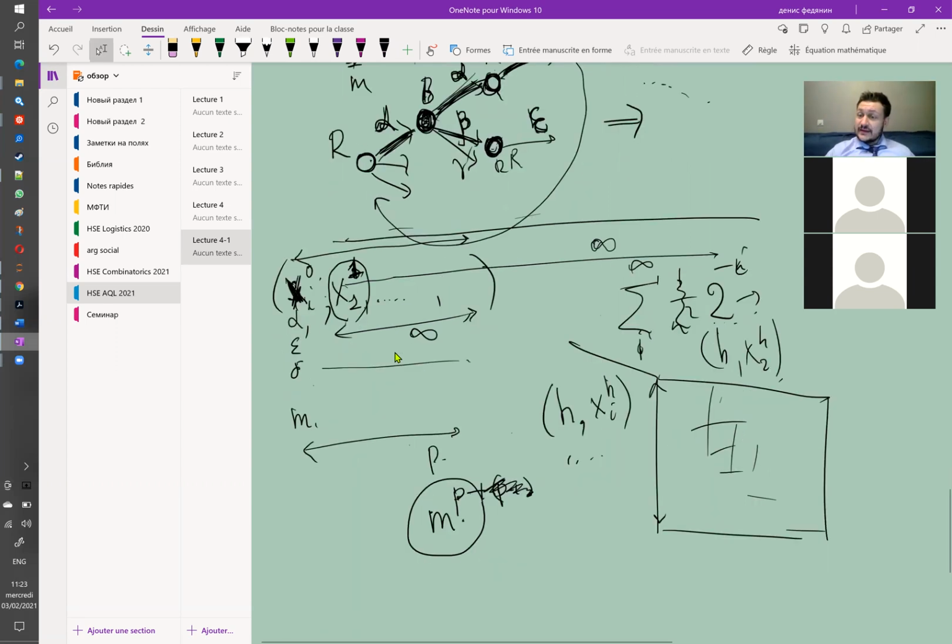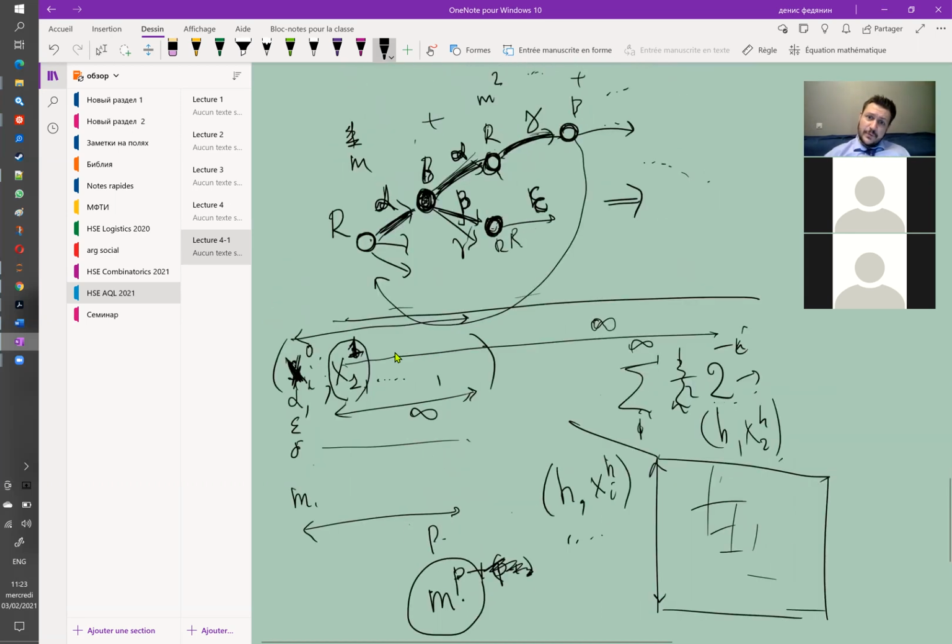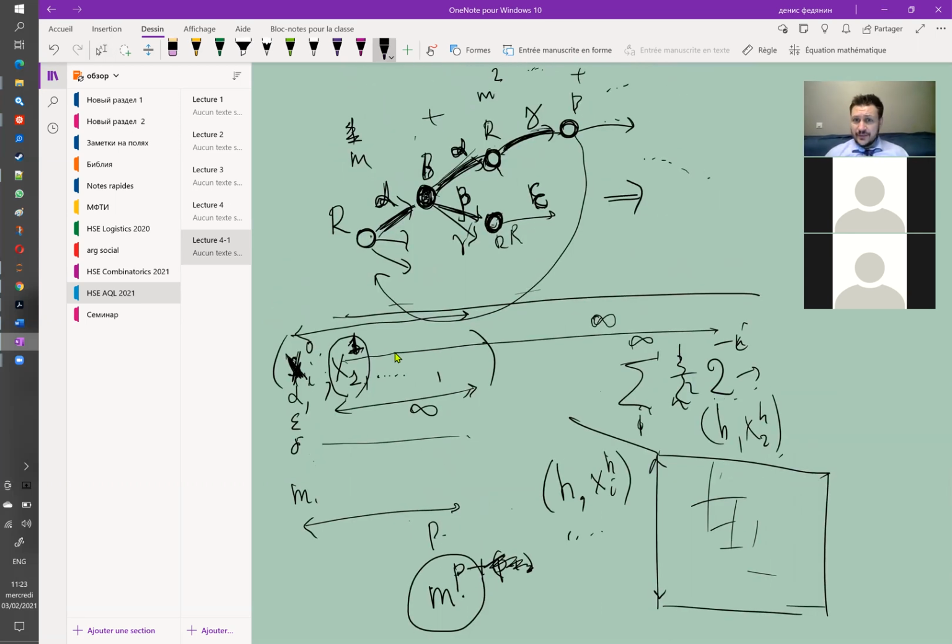Okay, and another problem is that we will have here many Nash equilibriums, and we need to refine them. We need only several of them, and then we can have special types of equilibriums in this game. For example, there is a perfect subgame equilibrium.